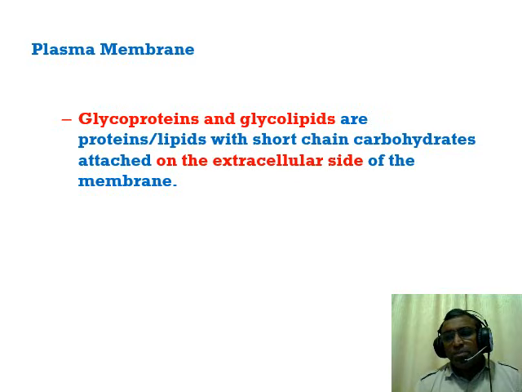So basically, plasma membrane does not only have a lipid bilayer, it has also other contributing members, and apart from channels, you also have these glycoproteins and glycolipids, which are conjugated types of macromolecule, that is carbohydrate with protein, and carbohydrate with lipid.